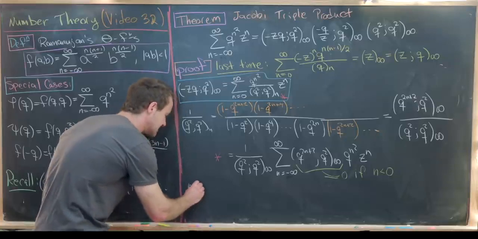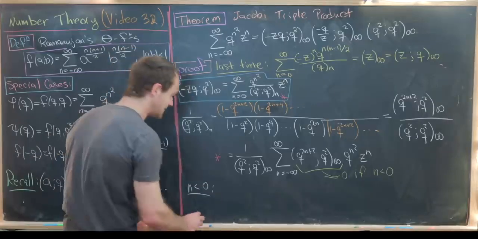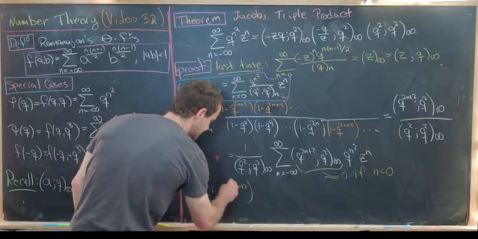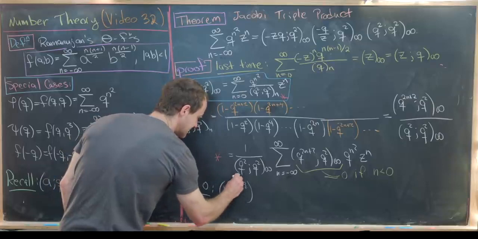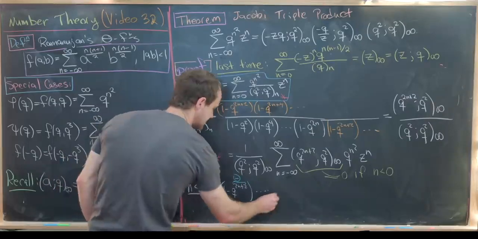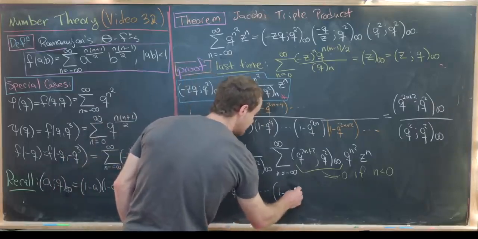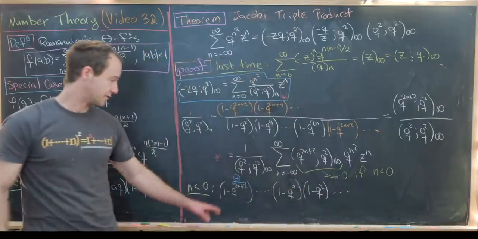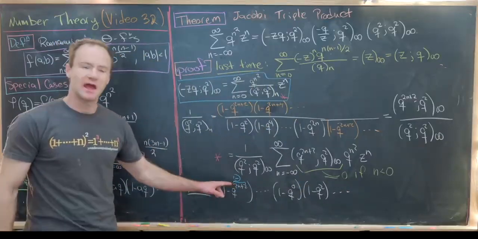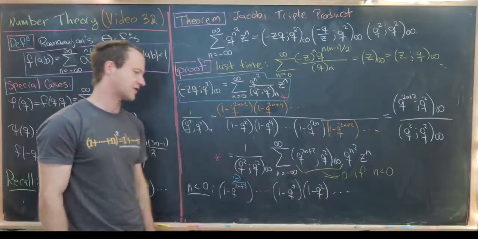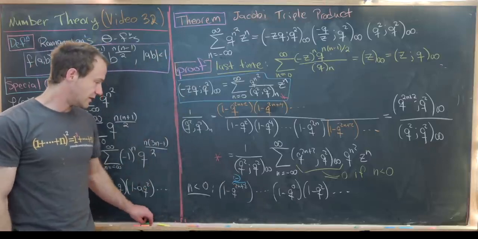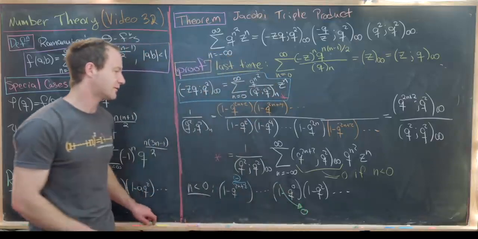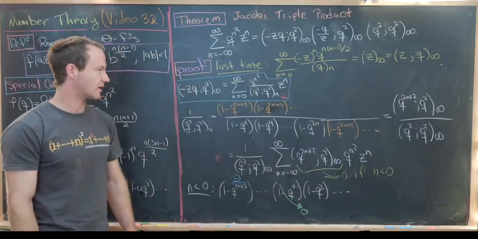So if n is less than 0, that means that our product will go something like this: 1 minus q to the 2n plus 2, but this is negative, all the way up to 1 minus q to the 0, 1 minus q squared, and so on and so forth. Because we've got a negative exponent here, and we're multiplying by q squared after every step. But notice that this q to the 0 is 1, so that means this part goes to 0. So that proves this little yellow thing that we've underlined.